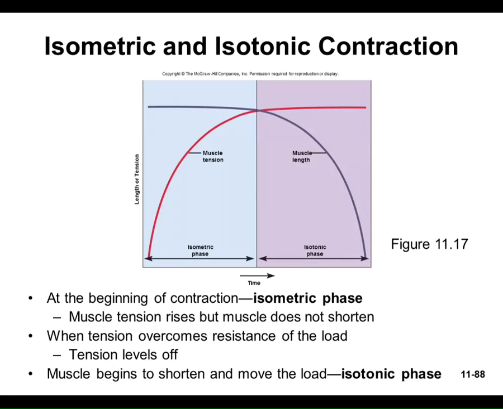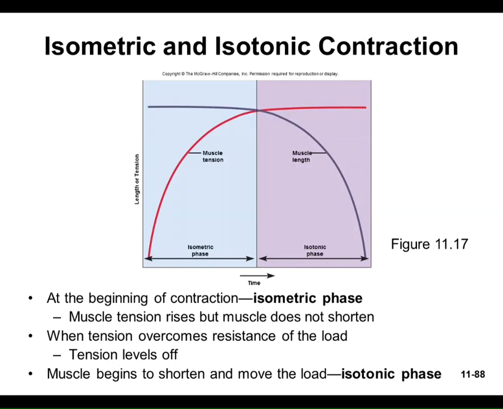There's a graphical relationship between isometric and isotonic phases of contraction. So take a look at this graph. It'll make sense to you. But look at how these two things are the same. So for example, if I put a dumbbell in my right hand right now, and I'm not changing the length of my muscle while it's in my hand, then for a while, that is isometric.